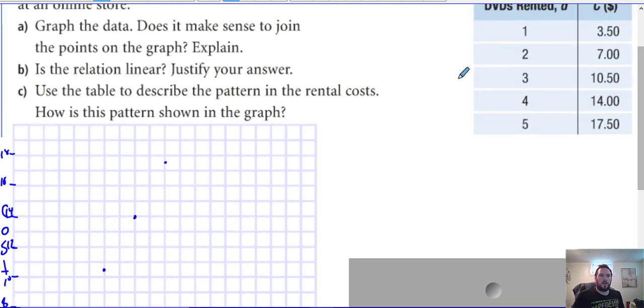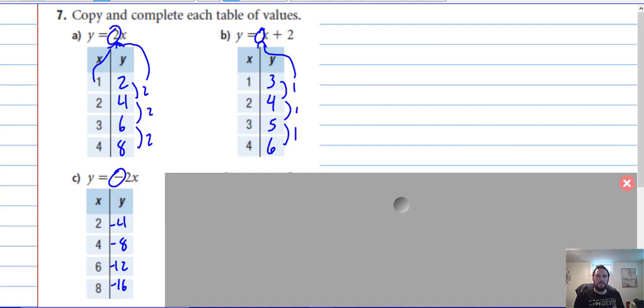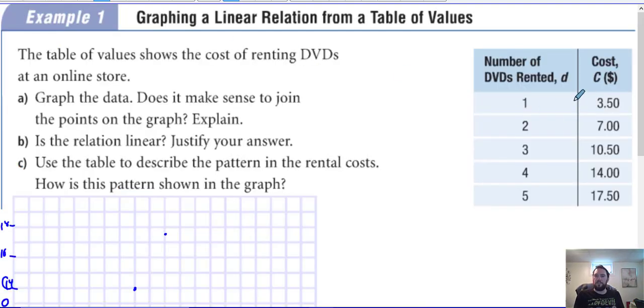Perfect. Now, part 2 of question A says, does it make sense to join the points? If we think back a couple examples ago where we had two different linear relations, one where the points were connected and one where they weren't, when do we do that and when do we not? Well, we call the different types of data continuous versus discrete. The idea essentially is, can I rent 1.5 DVDs or 2.5 or 2.7 DVDs?